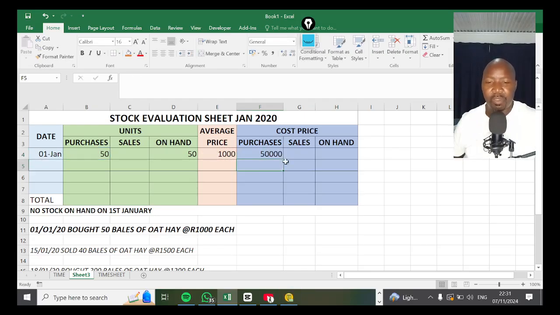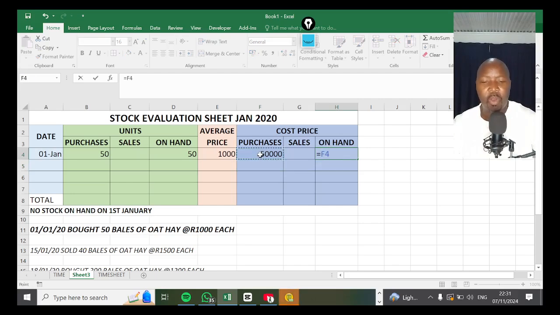So it's 50,000. And then when you go to the balance, you can just press equal sign and select that amount because it's the only one. And then it's 50,000. You post it to the balances. You are done with the first transaction.